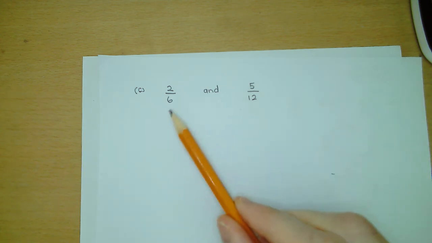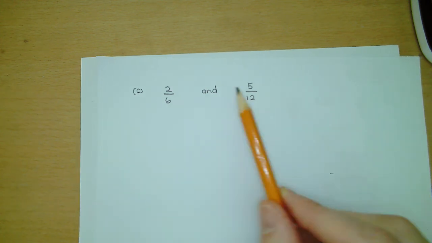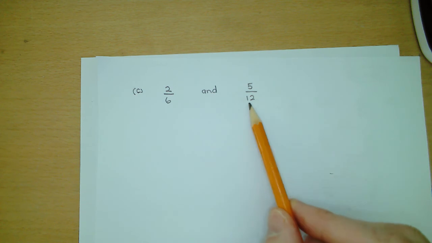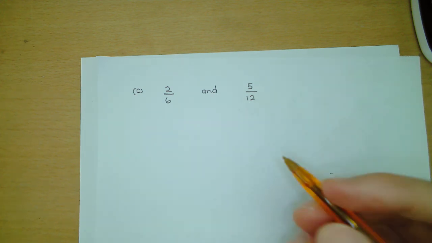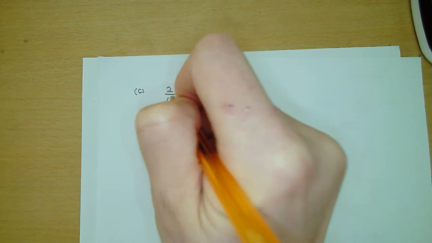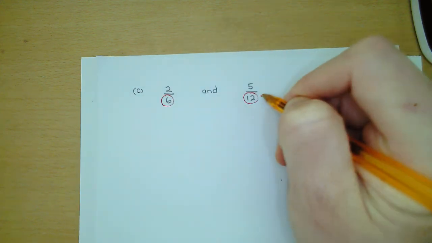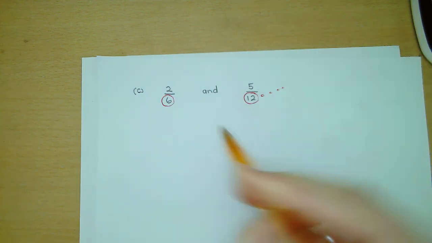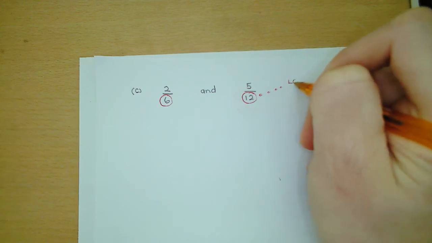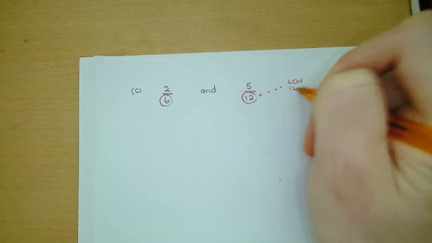So again, you can't compare these fractions. You can't work out which one's bigger until their denominators are the same. So in order to do that, we have to get the lowest common multiple of both denominators, 12 and 6. So the smallest number that 12 and 6 both go into is just 12. So the LCM is 12.